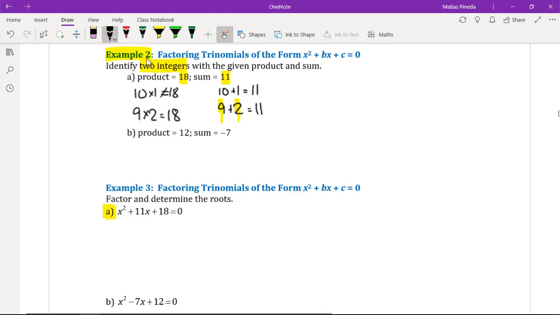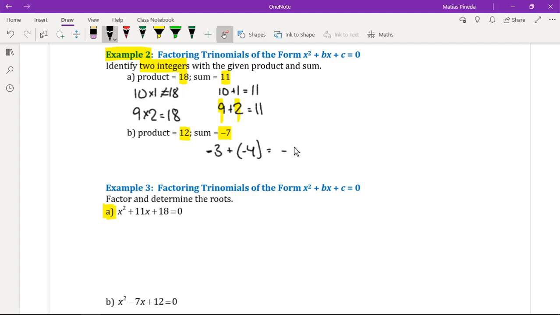In B, now we're looking for a product of 12 and a sum of -7. We want a negative sum, so we can do something like -3 plus -4.